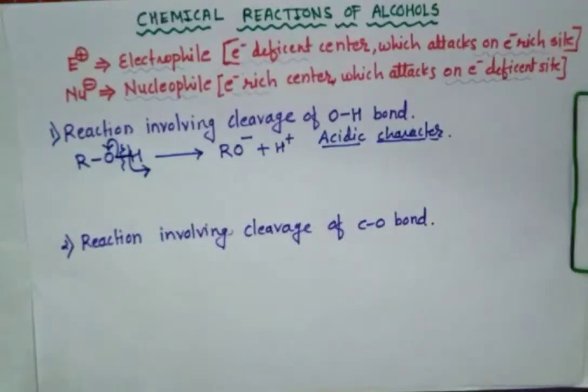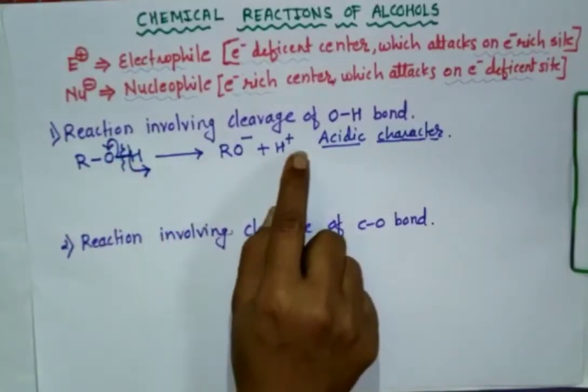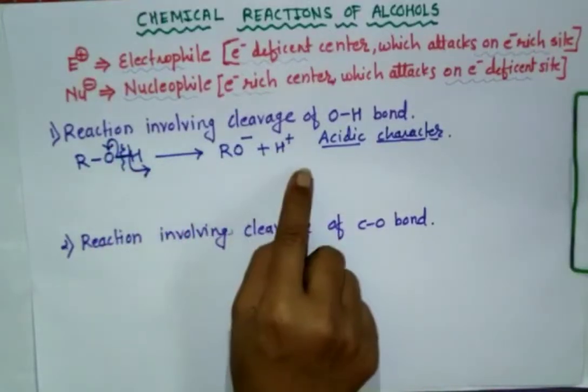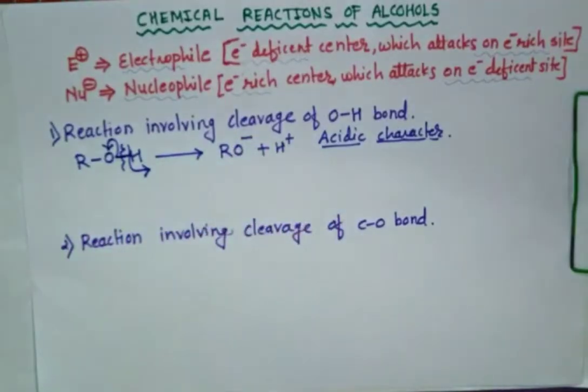Why are they slightly acidic? Because if there is a breaking of the OH bond, it easily gives RO minus and H plus.